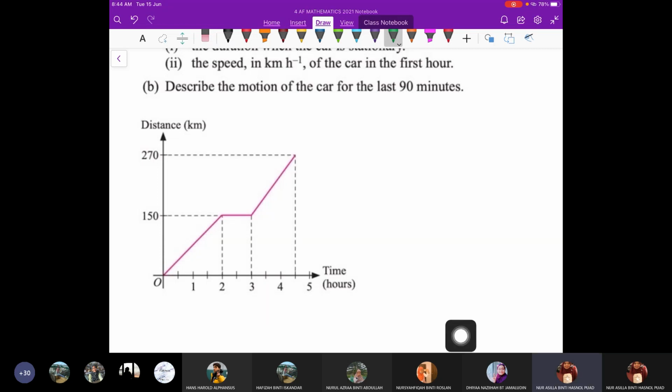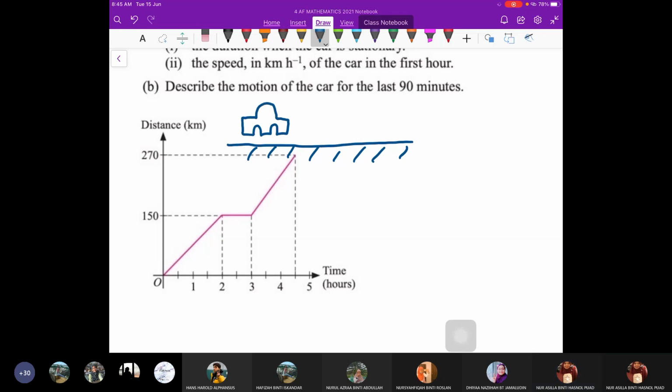Okay. Jadi kalau kamu buat timeline ataupun keadaan sebenar. Okay. Saya ada kereta. Alamak, susahnya nak lukis kereta ni. Okay, anggaplah ini kereta ni.